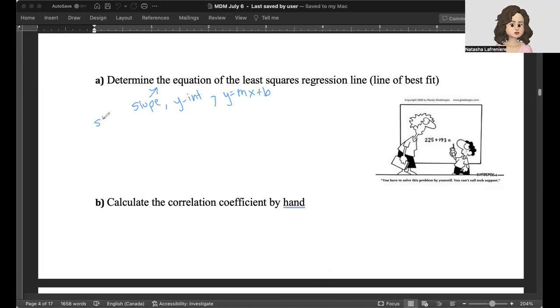Your slope is going to be found by doing, I'm just messing everything up over here.